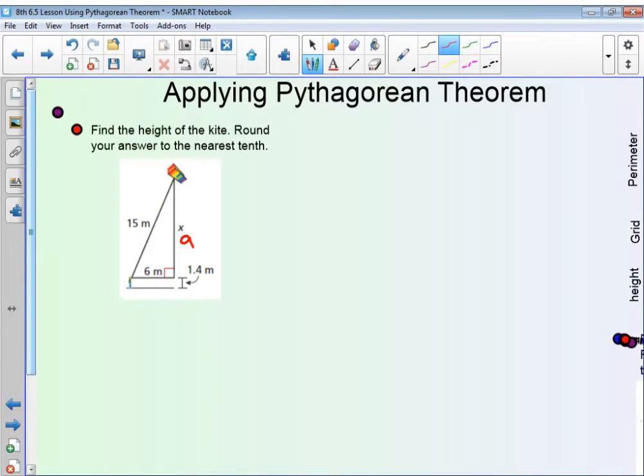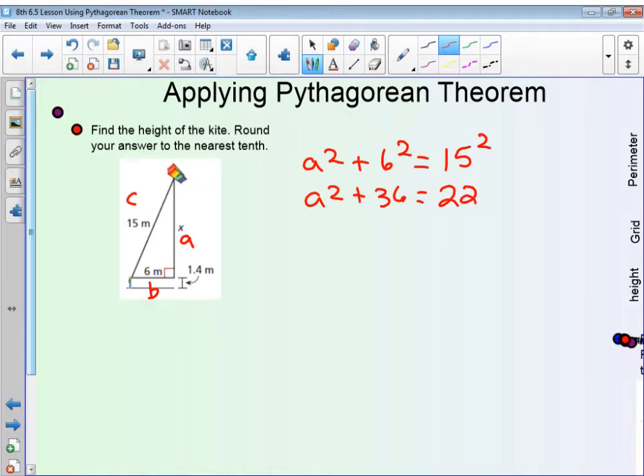So here's our a and our b. This is our c. So a squared plus 6 squared equals c squared, which is 15 squared.